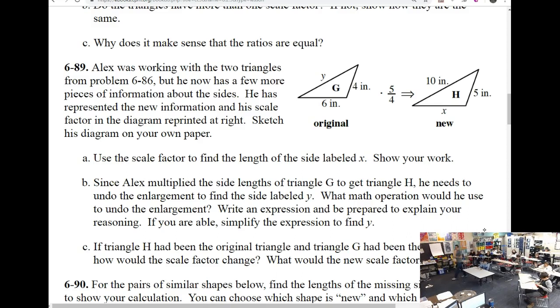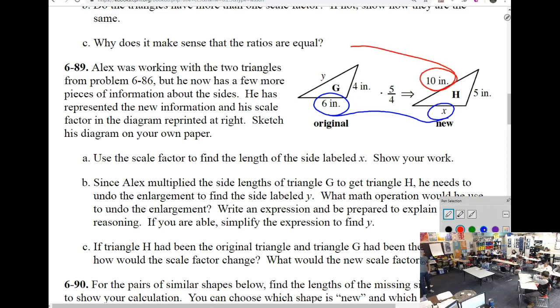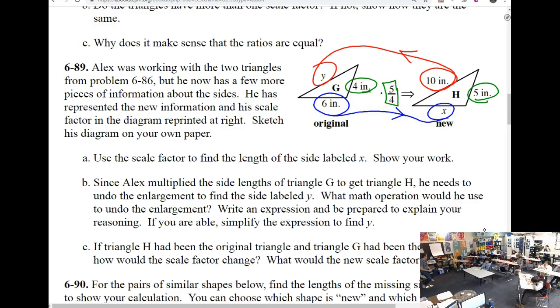You could sketch it really quick on your paper if that helps. So the sides they had are how they got the scale factor, right?